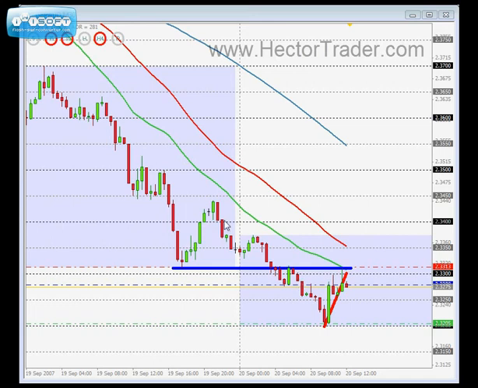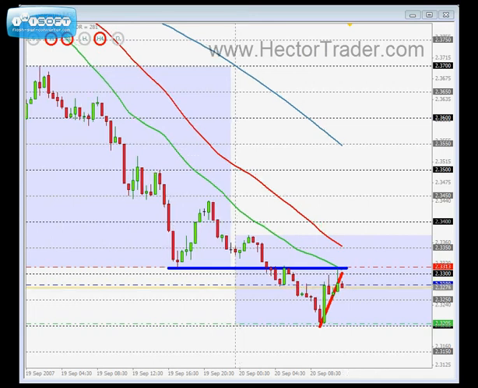First of all, we have a very nice level. We have this clear swinging formation. As you can see, it's very harmonic.